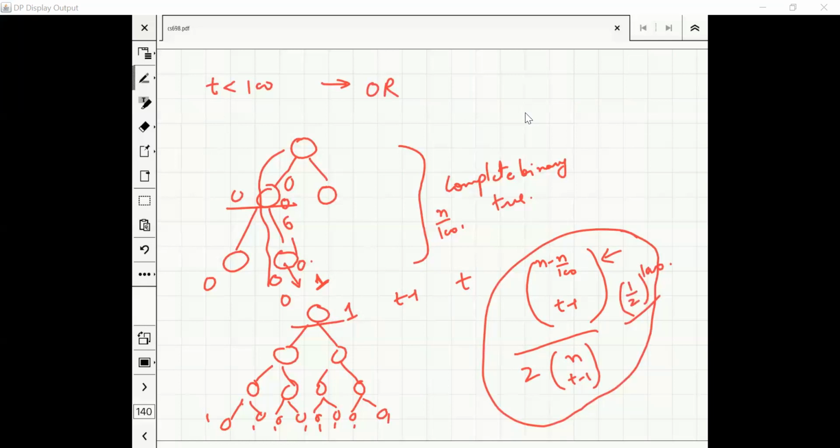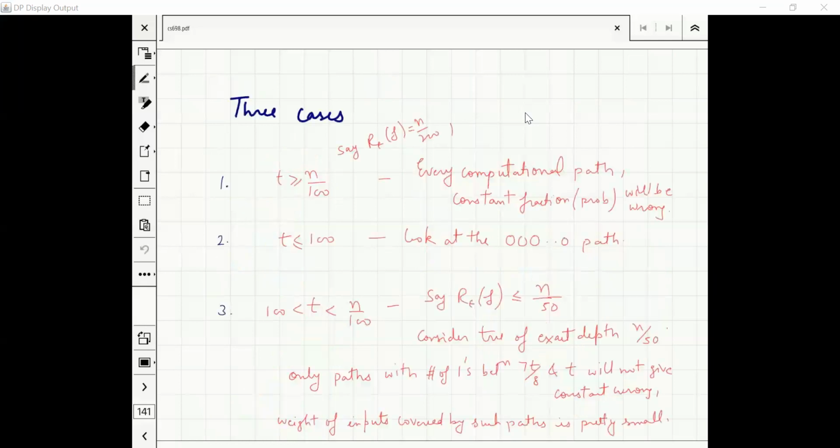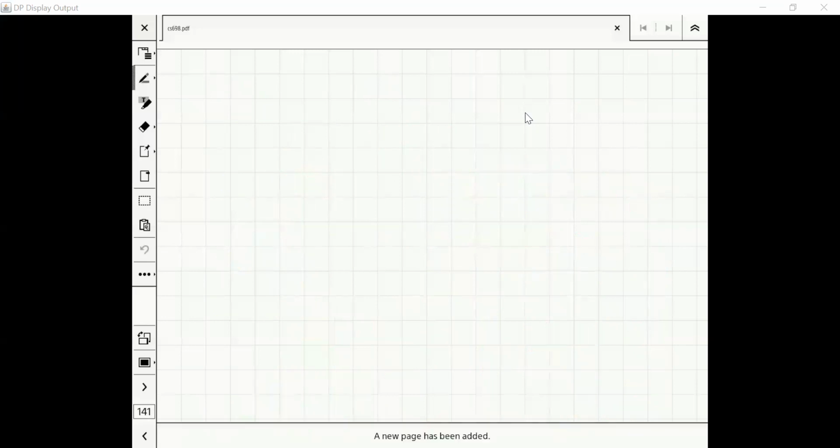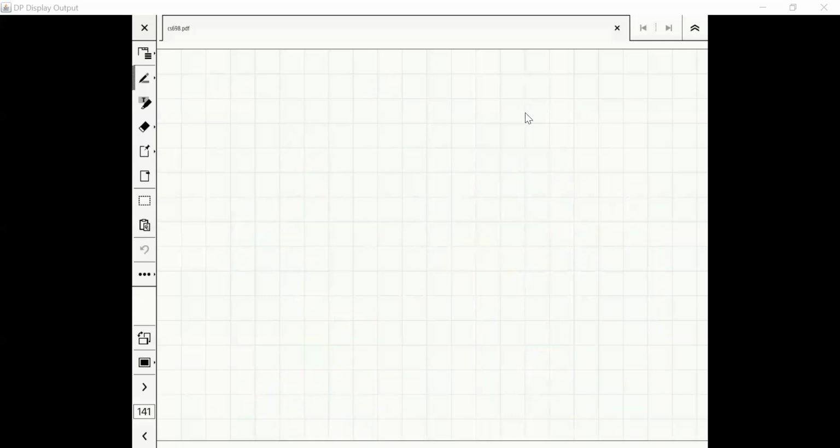Now, there is a tricky case. The tricky case is when my t is between 100 and n by 50.